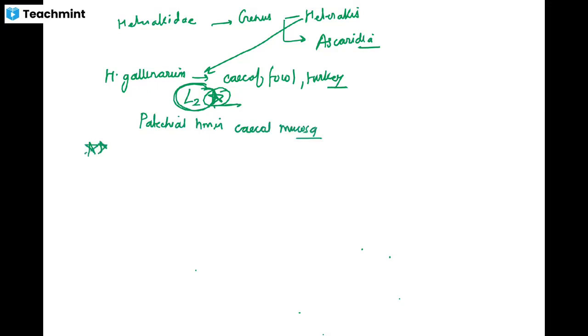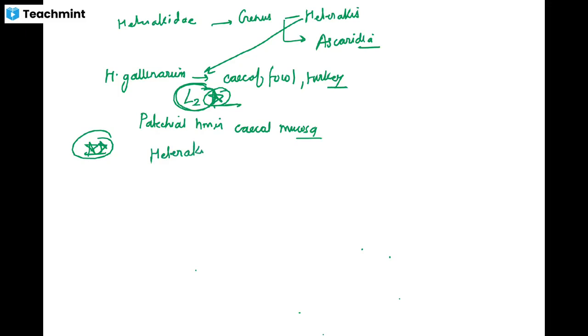The most important thing here is that, in that protozoology class, I told you all that Heterakis gallinarum is the carrier of one protozoan parasite. Did anyone know which protozoan parasite? Histomonas meleagridis.